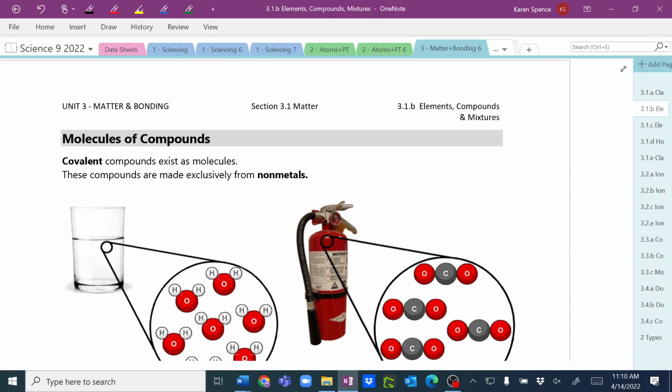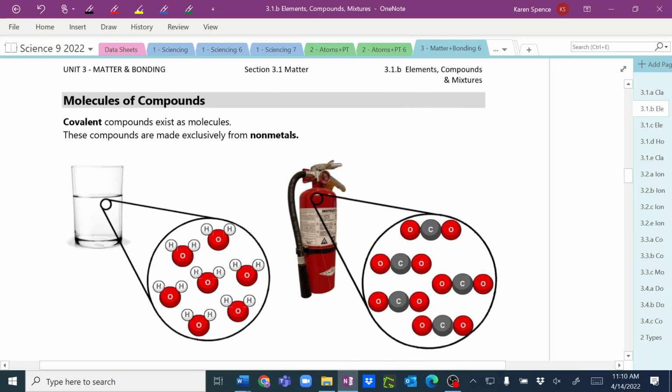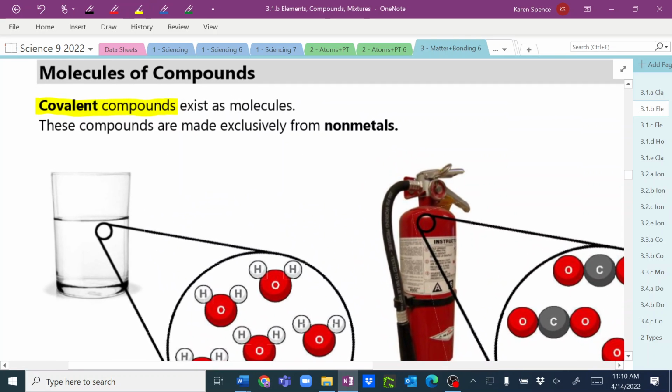Now, molecules of compounds. Covalent compounds, those are where electrons are shared. They are made exclusively of nonmetals.